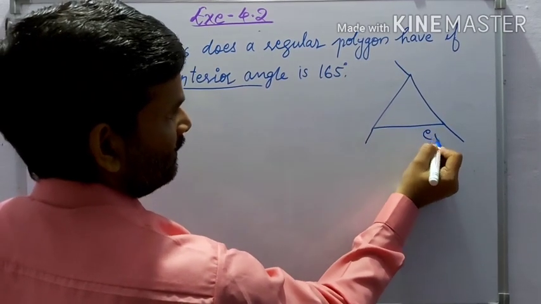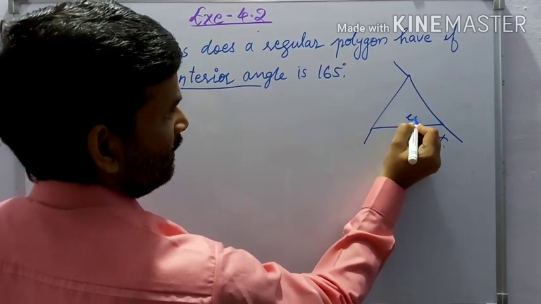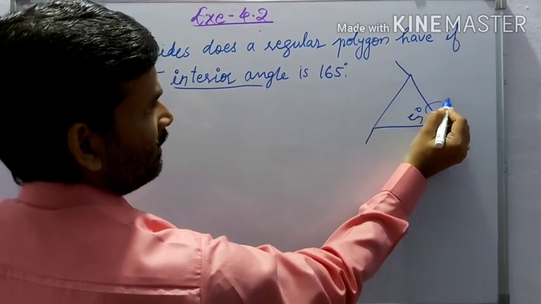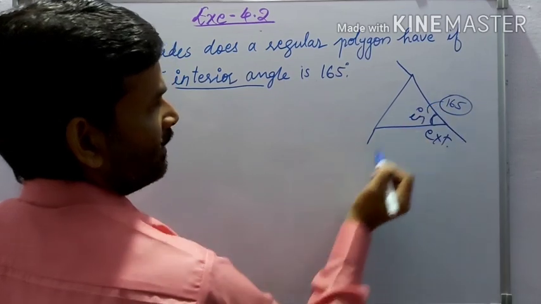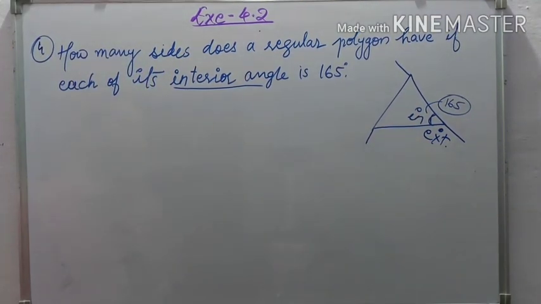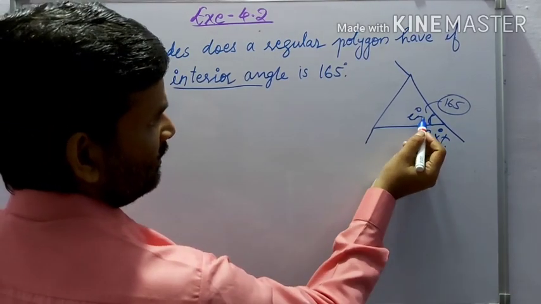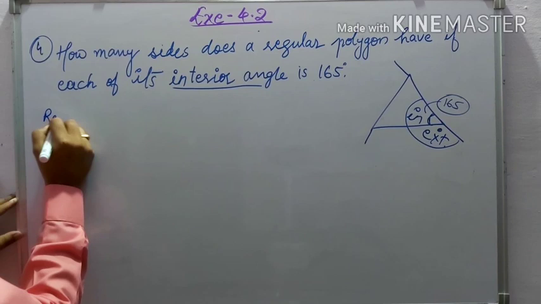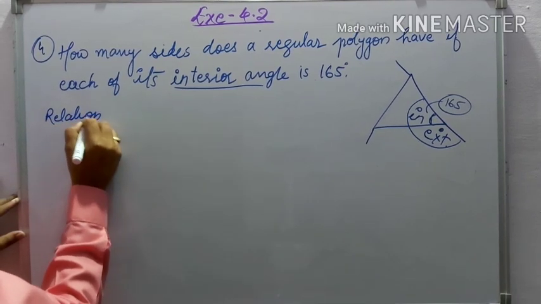This is the exterior angle and this is the interior angle. The given angle is 165. First you find the exterior angle. So what is the relation between interior and exterior angle?